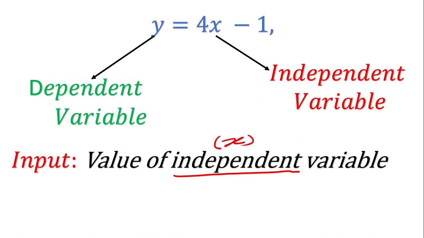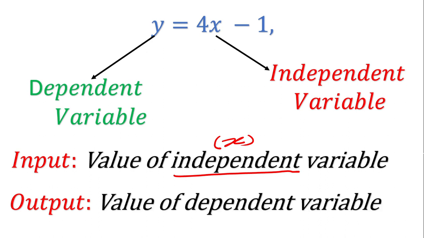And whatever value you get for y will be called the output value or dependent value. So the dependent value is the value of y and the independent value is the value of x. Okay, so we'll see all the things in detail: if the input value is given then how to find the output value, or if the output value is given then how to find the input value.